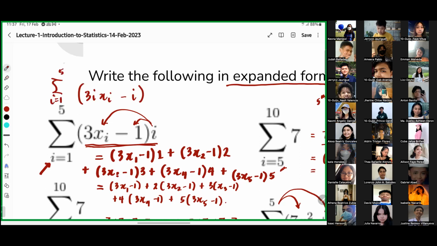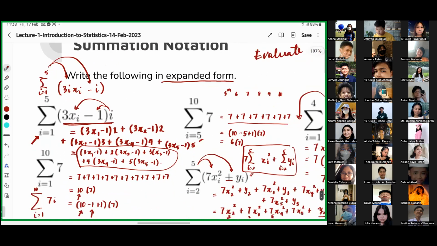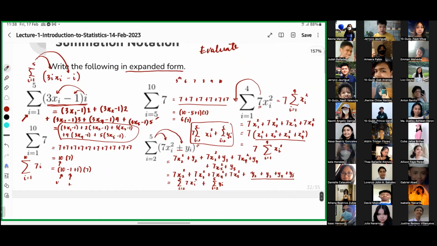Tapos, pwede mo siyang i-distribute papunta doon, yung summation. So, mukha lang siyang nag-distribute ha. Okay? Tapos, simplify mo and for sure, your answer will simplify also to this form. All right? So, do you have any questions so far for this summation? I'll try to organize the solution before I upload this sa ating course shell.